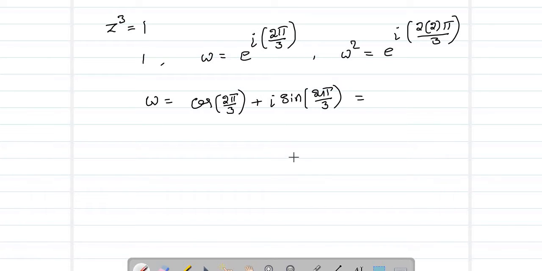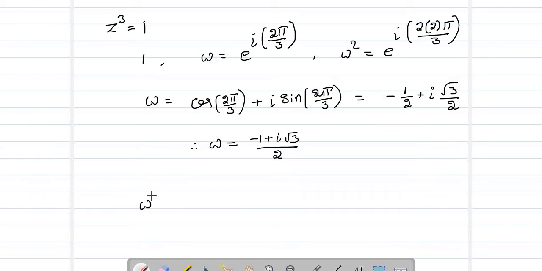In the second quadrant, cos is negative, so minus, and that is the same as cos of pi by 3, which is 1 by 2. Plus i into sine of pi minus pi by 3; in the second quadrant sine is positive, so you'll have plus only. Now sine of pi by 3 is root 3 by 2. So therefore we can see that omega is minus 1 by 2 plus i root 3 by 2.